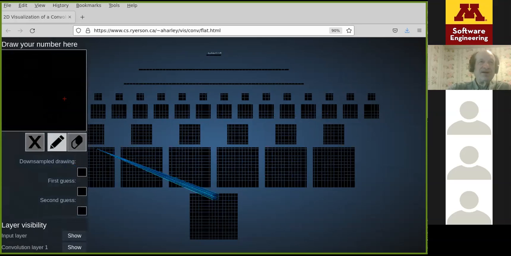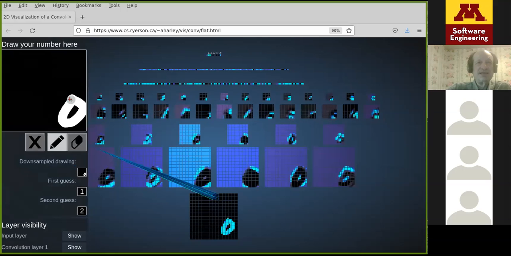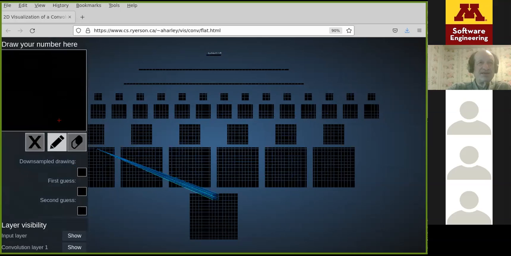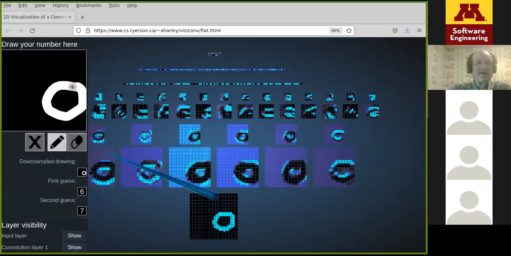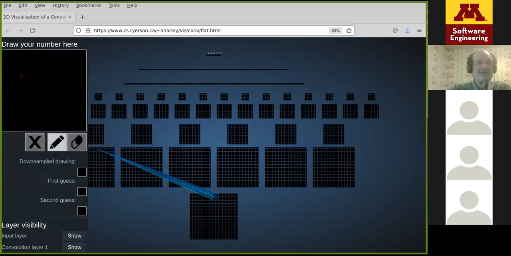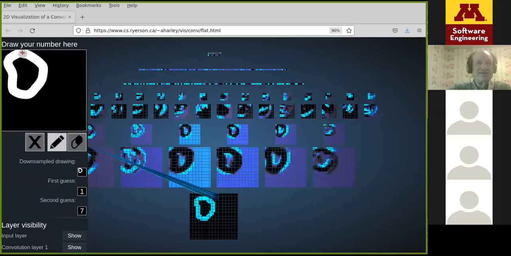If I draw a 0 in this particular place, let's see what it does. A 0 in this corner should be treated the same as a 0 in this corner. I don't know if it is because the 0 is kind of rough. Obviously, this neural network is not actually doing very well.